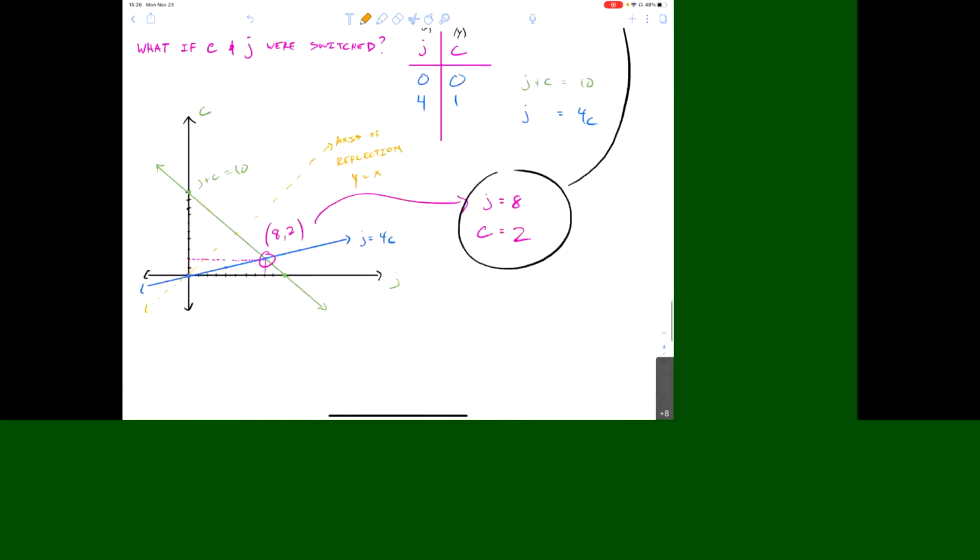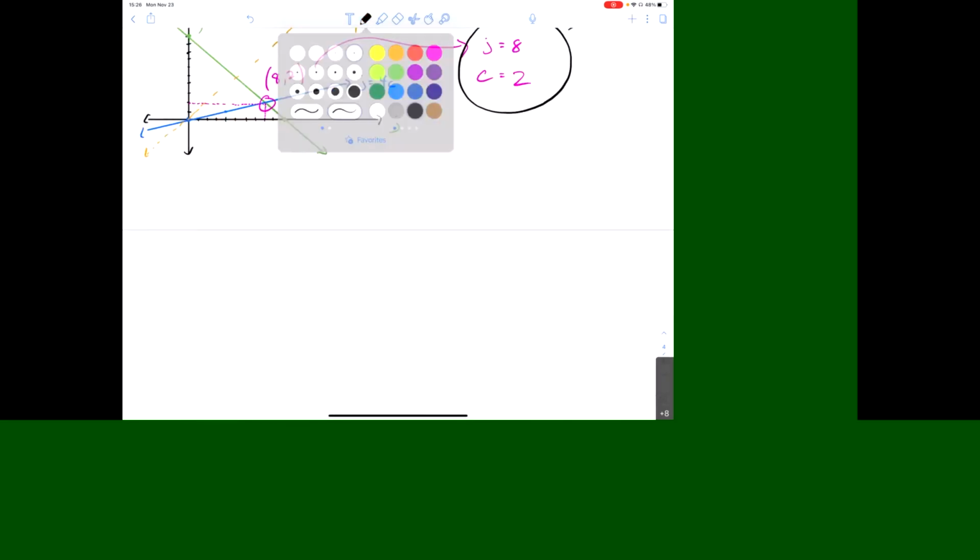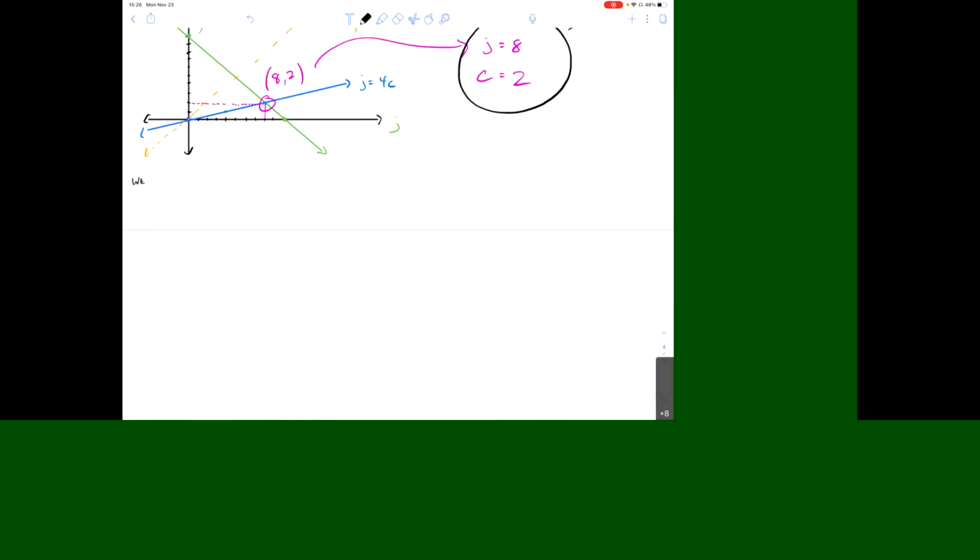All right, so what did we finish here? We have finished, this is perfect, I can write it down here in this little part. We finished graphing. And our possible solutions are what? You can have an intersection, right?